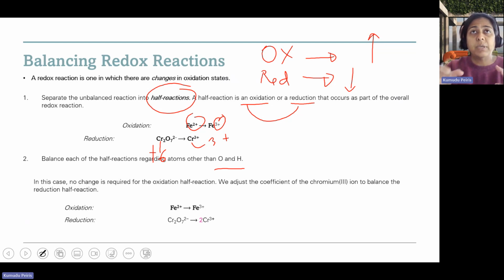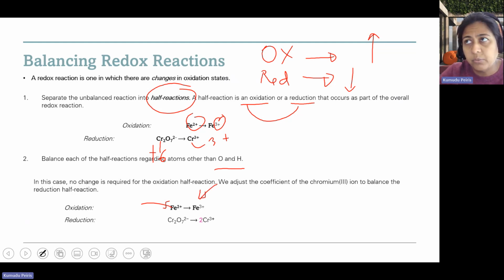So the next step, we balance the half reactions regarding the atoms other than oxygen and hydrogen. So we are balancing the other elements, right? In the oxidation reaction, we don't need to worry about that because on the reactant side we have 1 mole of Fe2+, and on the product side we also have 1 mole of Fe3+.